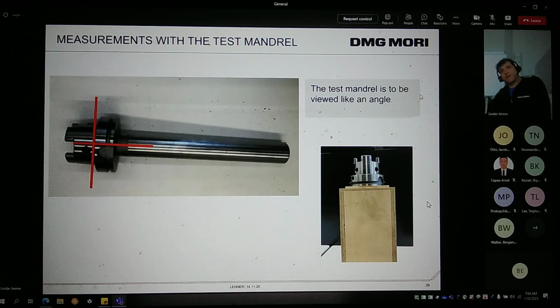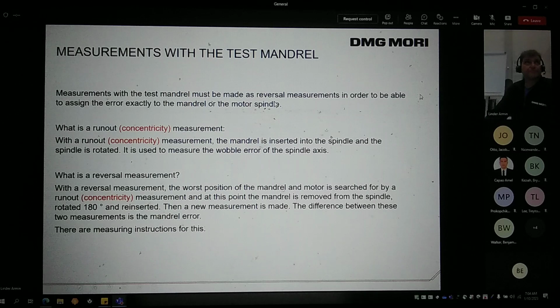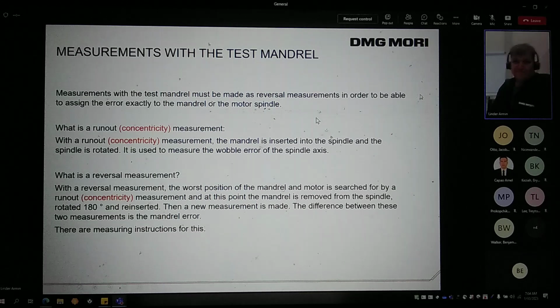Also, if you use a test mandrel, be sure that you have a good case for it, that it will not be damaged in transport or something. So measurement with a test mandrel will be made as a reversal measurement to be sure that the error is mostly the run out of the motor spindle.